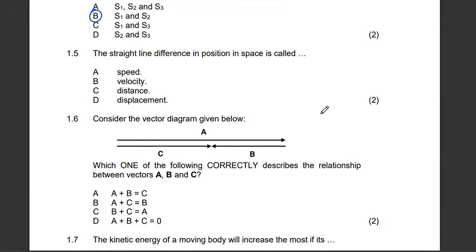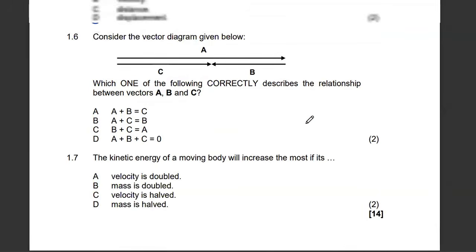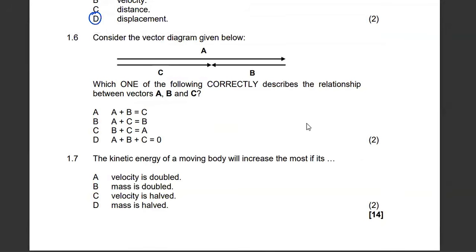And then a straight line difference in the position in space is called a straight line difference. Okay, the difference in position in space, that is known as the displacement. Then if you consider the vector diagram below, okay, we have vector A, we have B, we have C. Which of the following correctly describes the relationship between A, B, and C?